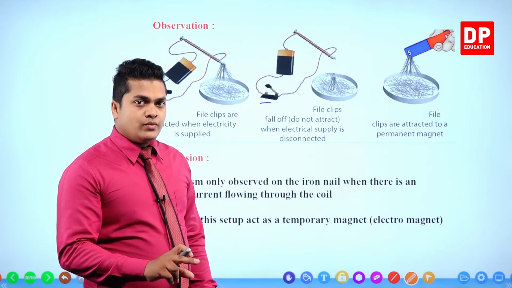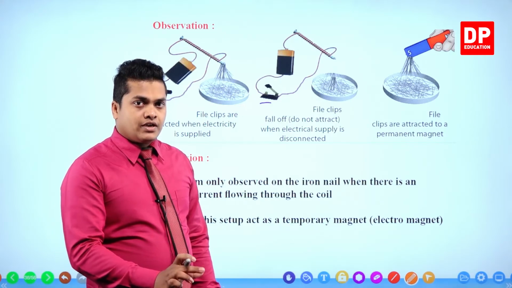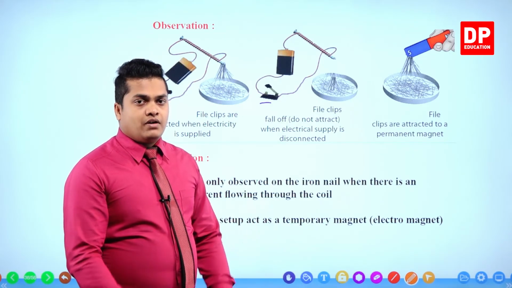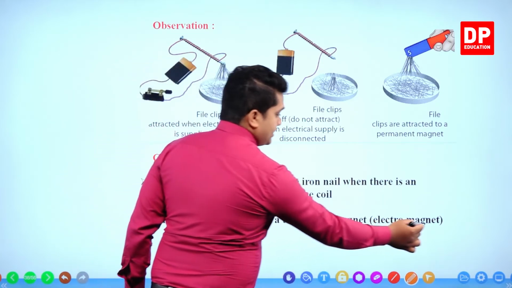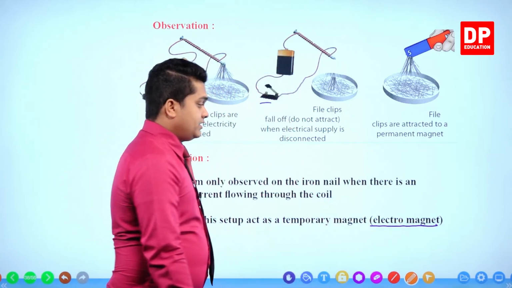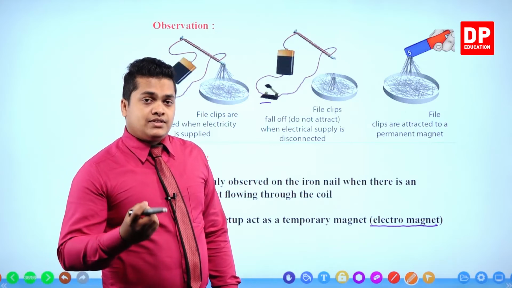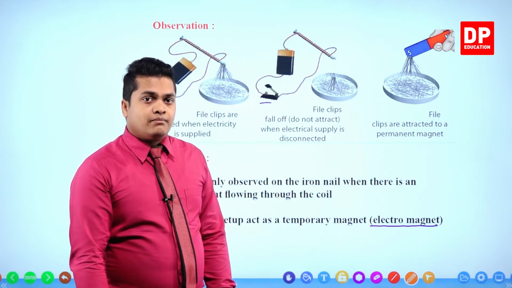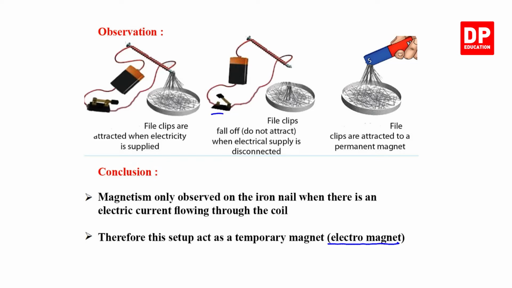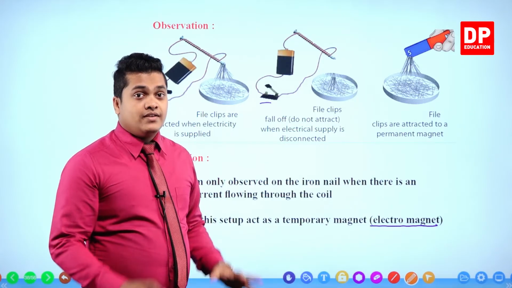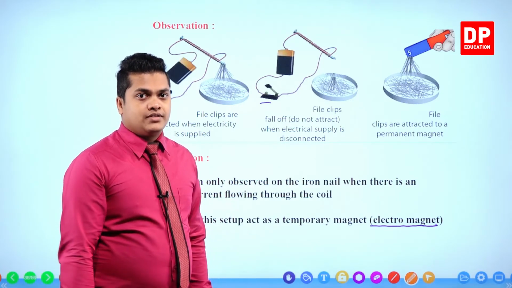When we disconnect the switch, or when we cut off the current, the magnetic power is lost. So these types of magnets are referred to as electromagnets, because we supply electricity to get a magnetic power. This is how to make a temporary magnet and the behavior of a temporary magnet.